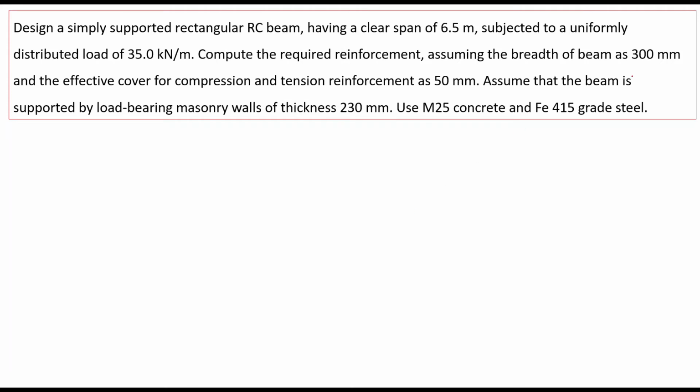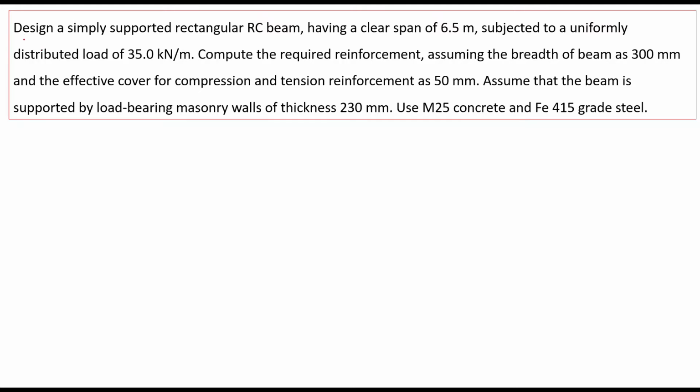So first of all, let us go through the statement part. That means what exactly the statement is and what information is available here. Now you can go through the problem statement.